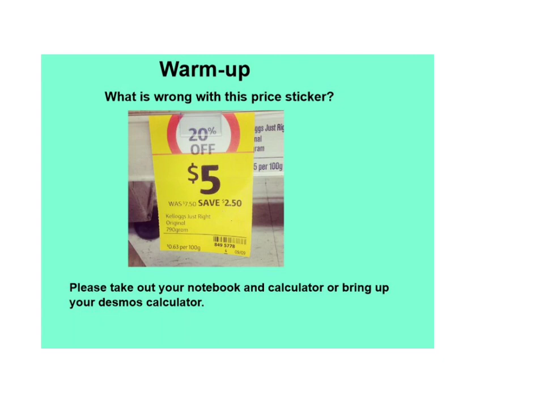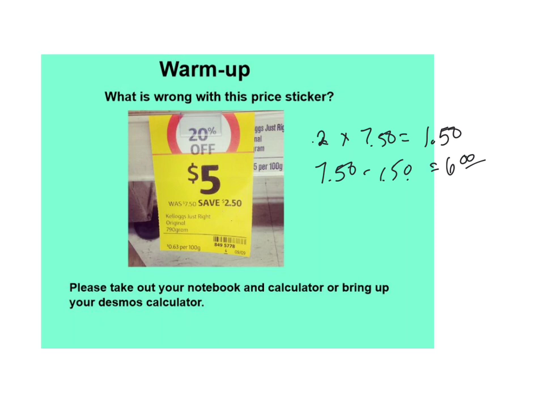So we could say 0.2 times 7.50 equals $1.50. And $7.50 minus $1.50 is $6, not $5.